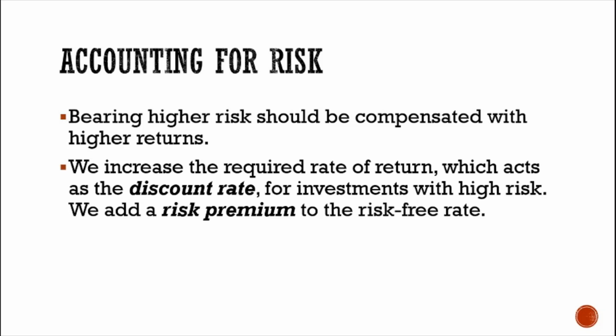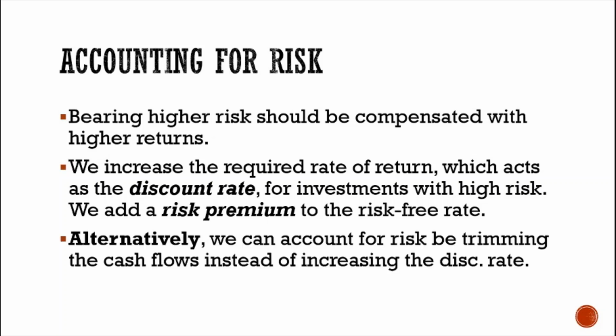We do so by increasing the required rate of return, which acts as the discount rate for investments with high risk. In other words, we add a risk premium to the risk-free rate. Having this higher discount rate will have the effect of decreasing the value of the asset.